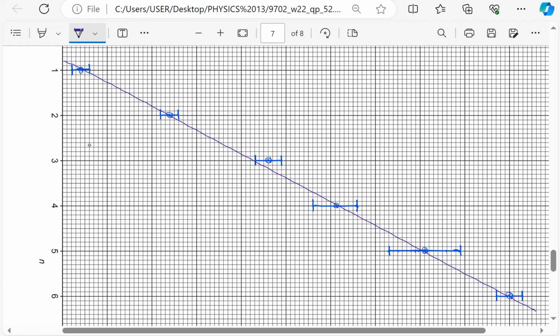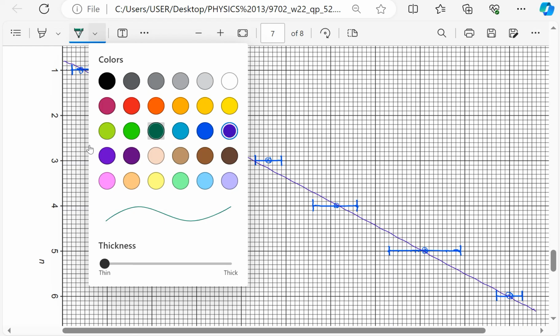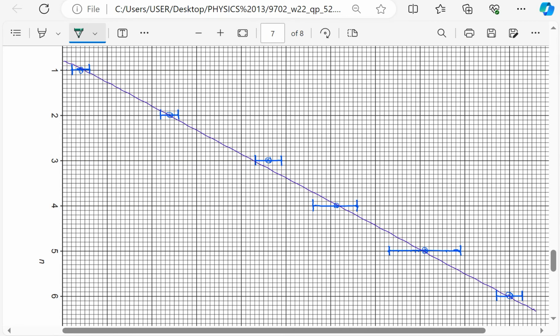Okay, then I'll also draw the line of worst fit. So for the worst fit line, I'll use a different color. So I can join the top of the top error bar, which is here, to the bottom of the bottom error bar, which is here, but make sure that all the other error bars are crossed for this line to be correct.